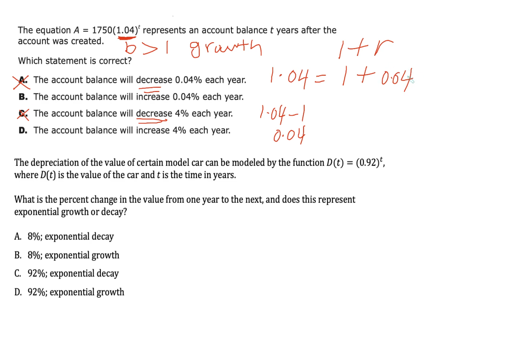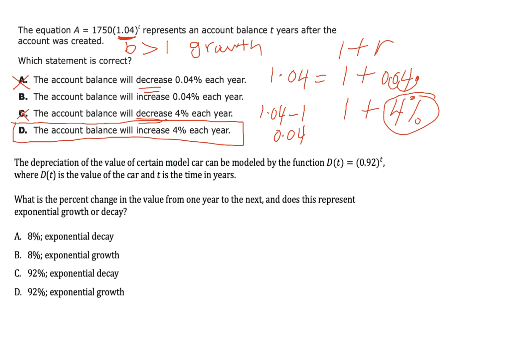That is not your percent. We have to change this decimal to a percent. And to do that, you're moving your decimal point 2 places to the right. So this is actually 1 plus 4%. Our account is increasing each year by 4%. So our answer is D.